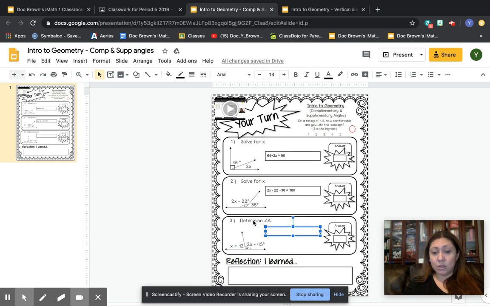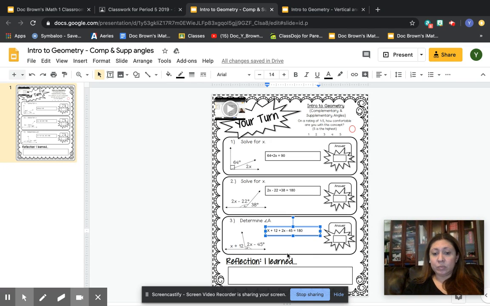This one's a little different. It's not asking you to solve for x. It's asking you to solve for a. So you are only being asked to solve this piece right here. But you still need to solve for x in order to be able to solve for that. So this is still a straight line, so we're still dealing with supplementary. So x plus 12 plus 2x minus 45, and all of that is going to equal 180.